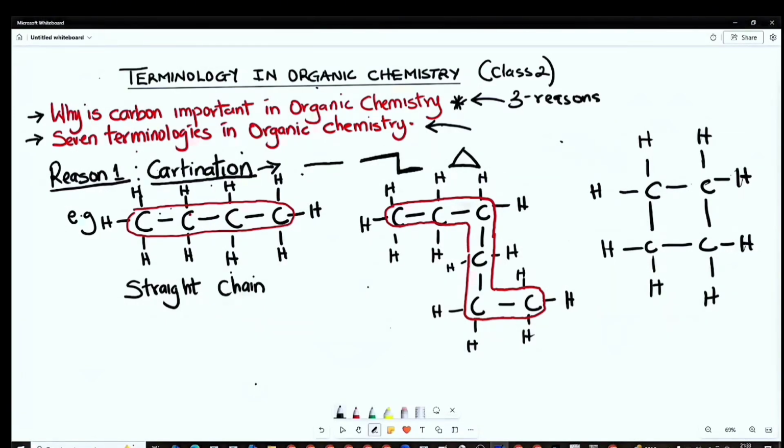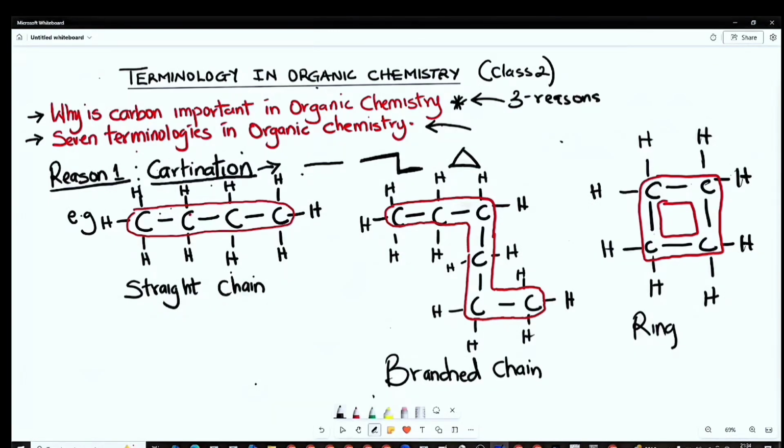So now this one is a ring-like structure. While we have the straight chain, this guy is the branched chain, this guy is the ring structure. So all of these are catenation.